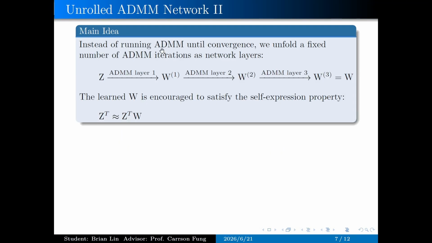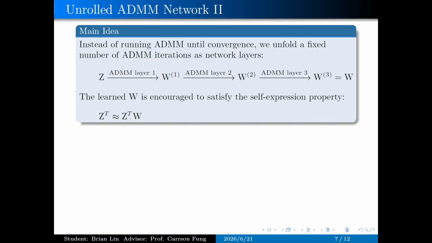The main idea of ADMM is that, instead of running the iterative algorithm many times, we unfold this algorithm into three layers. In this experiment, we use three ADMM layers. We have some trainable, learnable parameters in this kind of unrolled network, and the number of them is less than in the usual neural network.